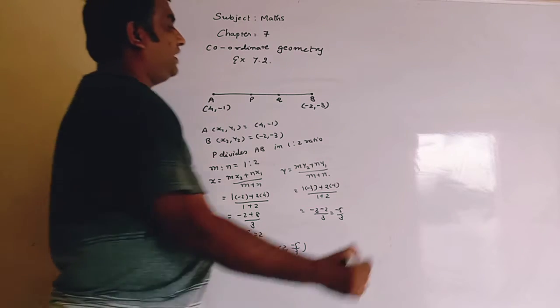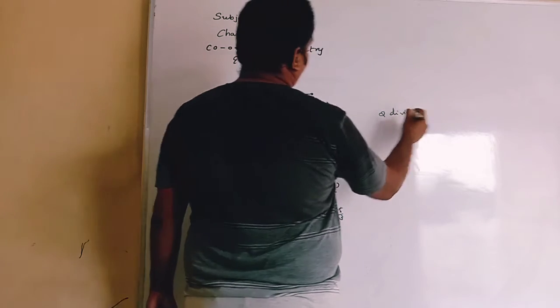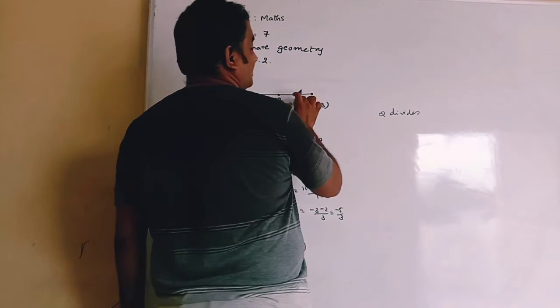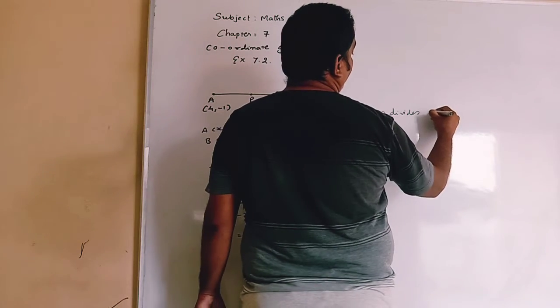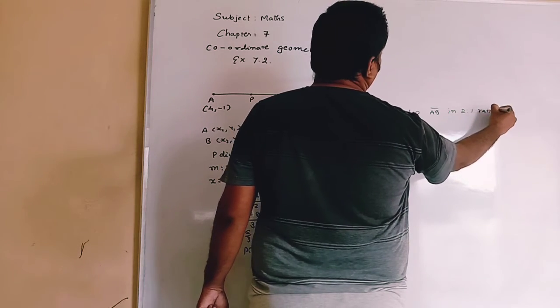While Q divides, we can see Q divides AB with 1 part on this side and 2 parts on the other, so AB in 2:1 ratio.